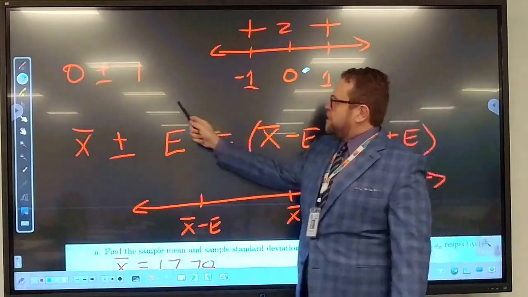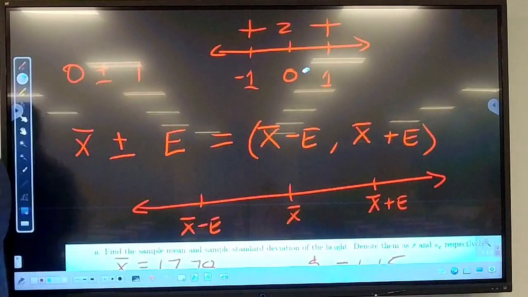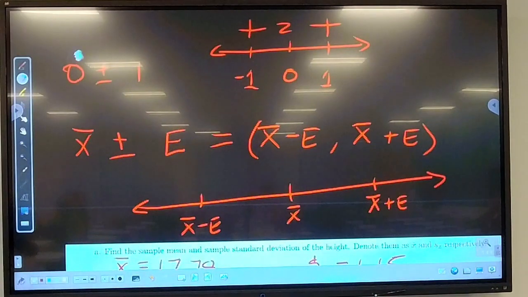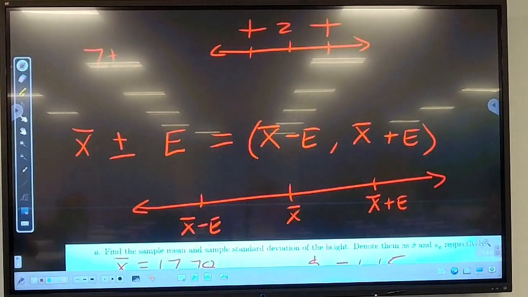You can start at any number you would like. You can start at 7 plus or minus 1, then this would be 7. And if I add 1 to 7, I would be at 8. If I took away 1 from 7, I would be at 6.